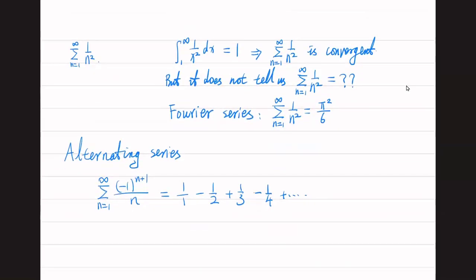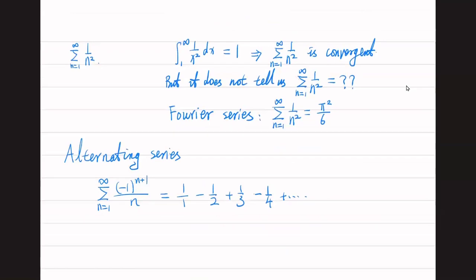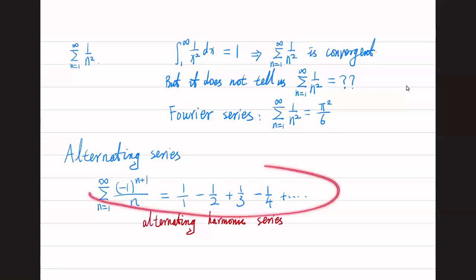This one is called the alternating harmonic series. The harmonic series is divergent by the integral test. What about this one? How do we determine if it's convergent or divergent?